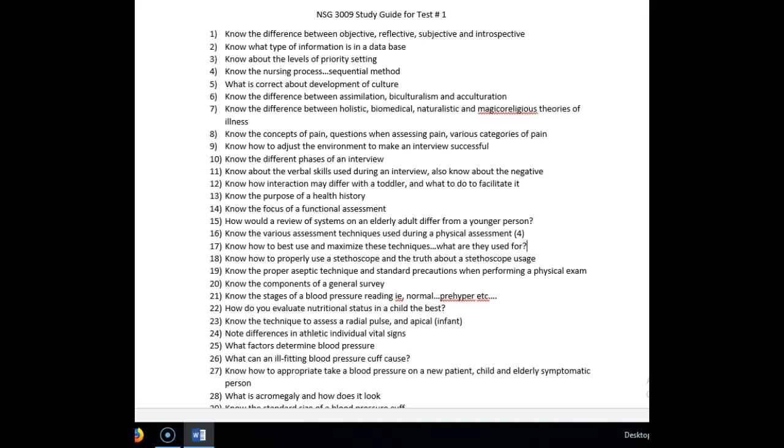Objective data is what the health professional observes by either inspecting, percussing, palpating, or auscultating during the physical examination.